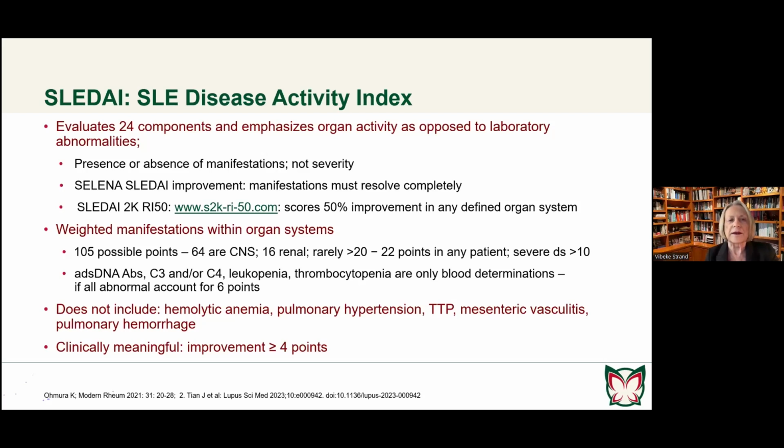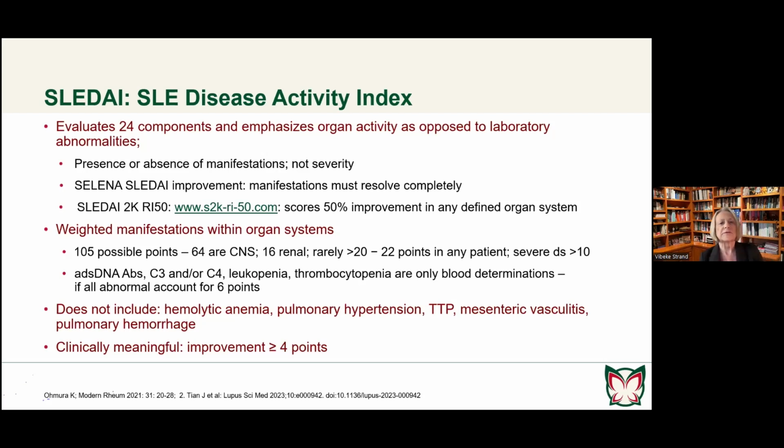These are weighted manifestations, but notice that they're very different according to the organ system. And as I said before, rarely patients have scores above 15 or 20. And yet we think severe disease is essentially 10.